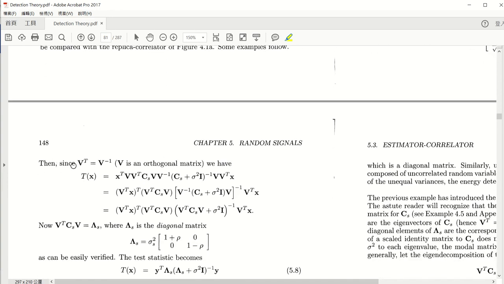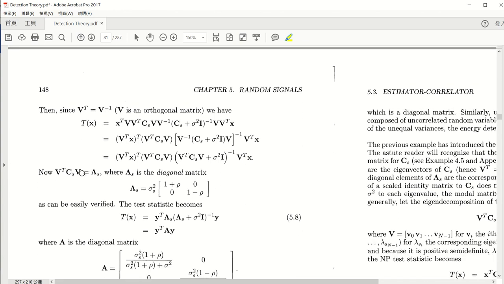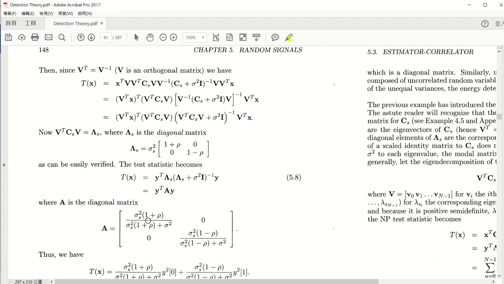Since V transpose is equal to V inverse, we have something like this. And then you have V transpose Cs V equal to lambda. This is like an eigen decomposition, right? And this V is like the eigenvectors, and this is the eigenvalues.